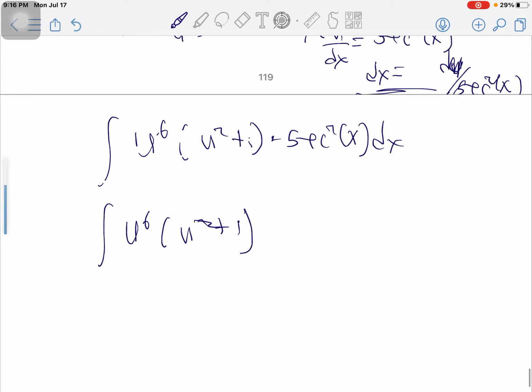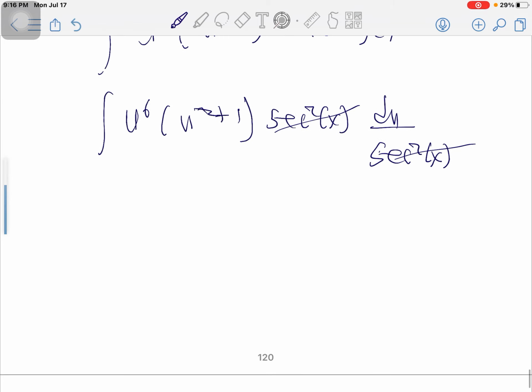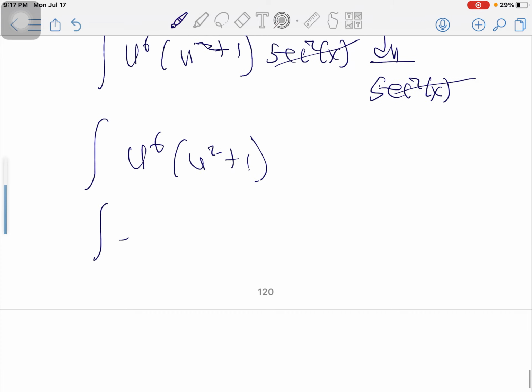So in substitution, we get the integral of u to the power 6, u squared plus 1, then sec square of x, and then dx is du over sec square of x. Now we have some terms in common and we can cancel them out. From there we get everything in u variables, which is far easier to manipulate and solve than the one given initially.